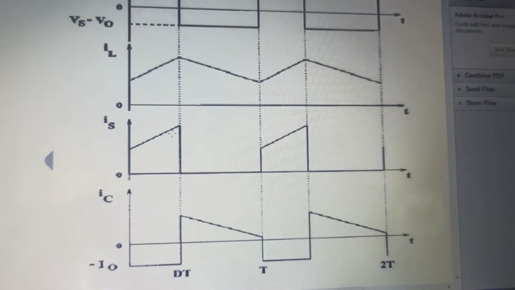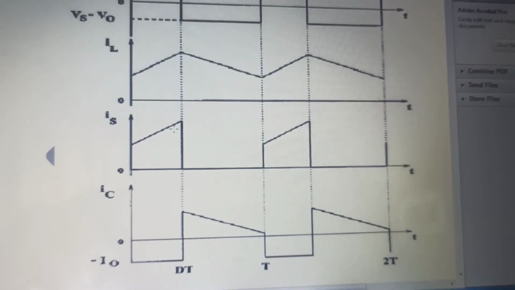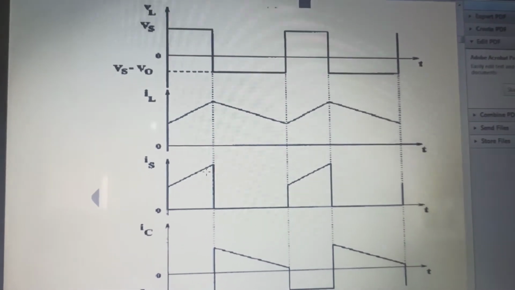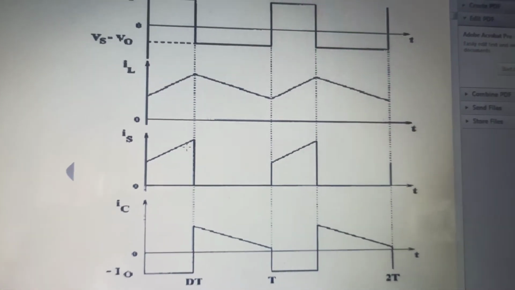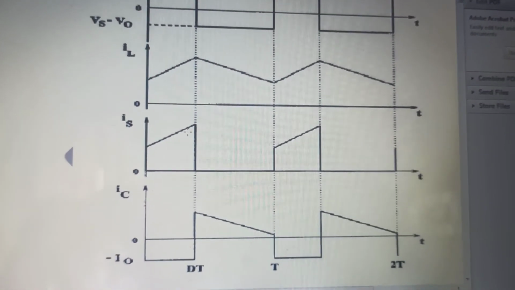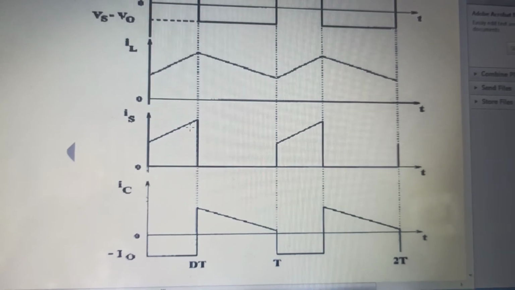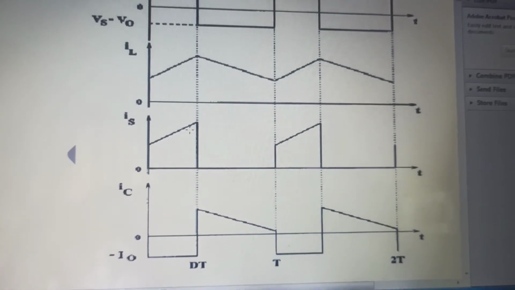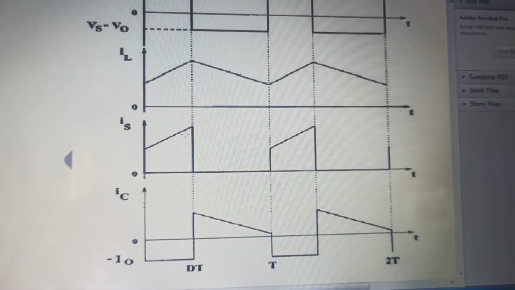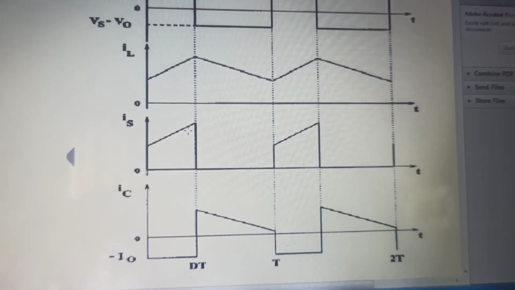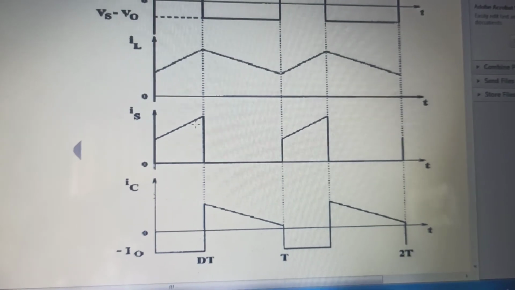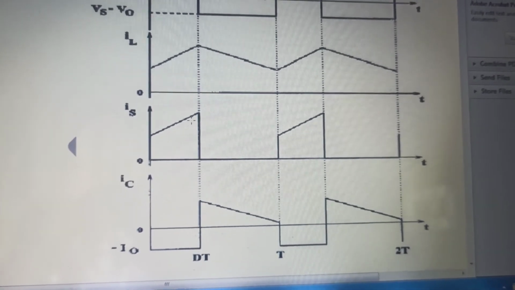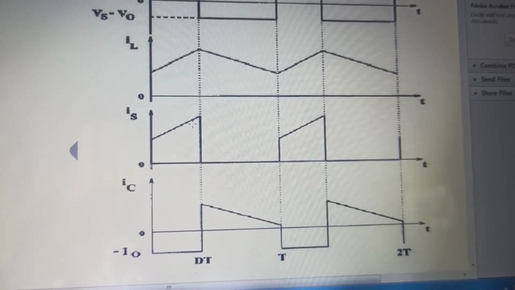It will also depend on the value of inductance. If it is greater than the critical inductance L, you can obtain the value of critical inductance by looking at the just continuous case, the boundary at which the converter is operating in just continuous case.